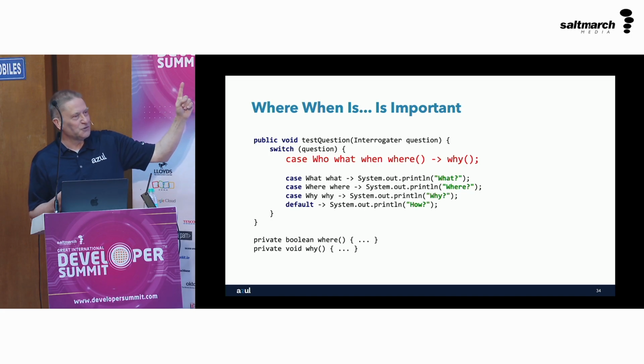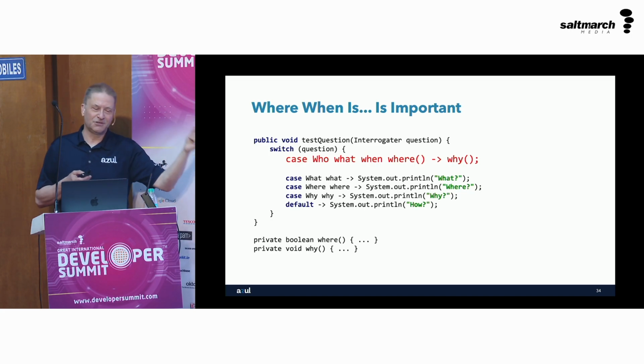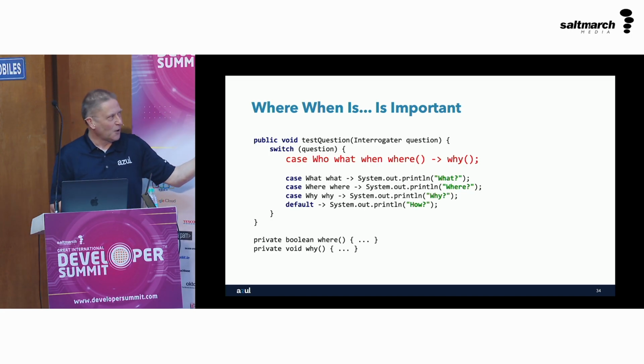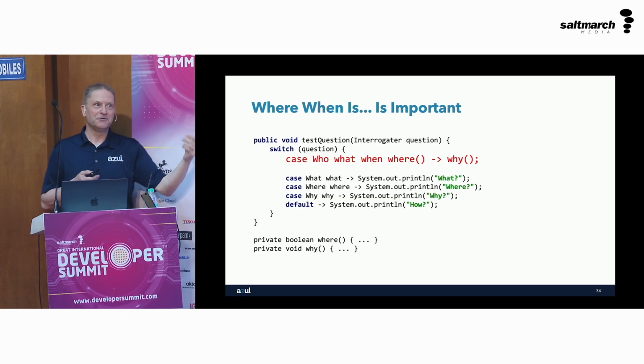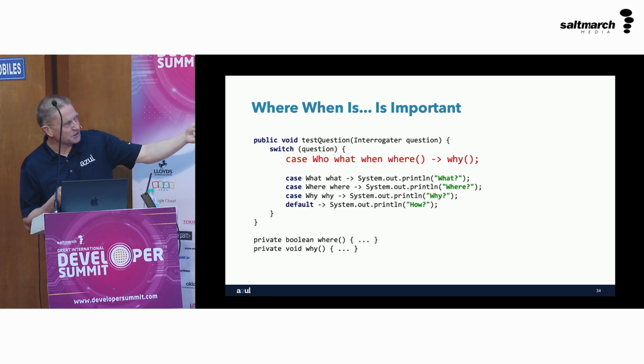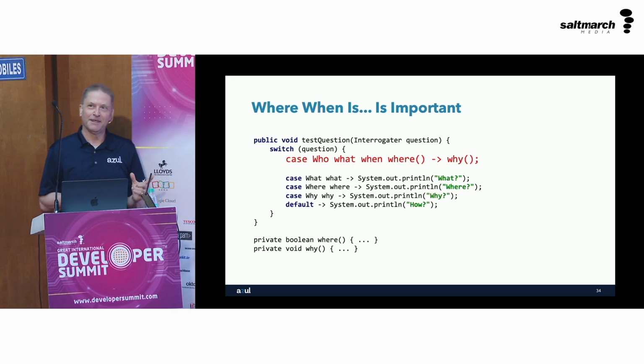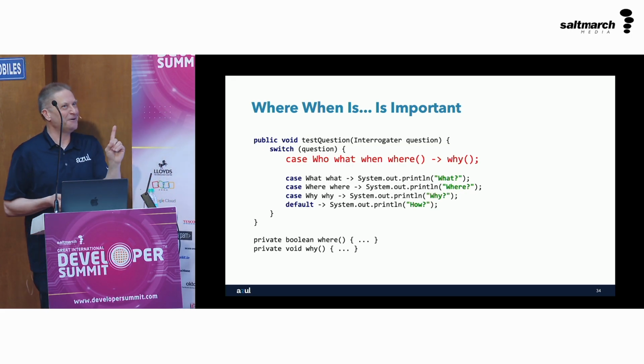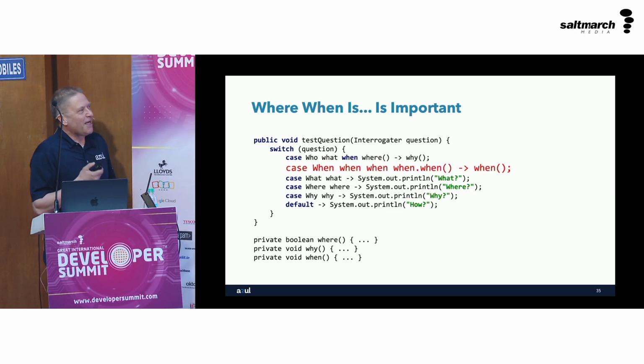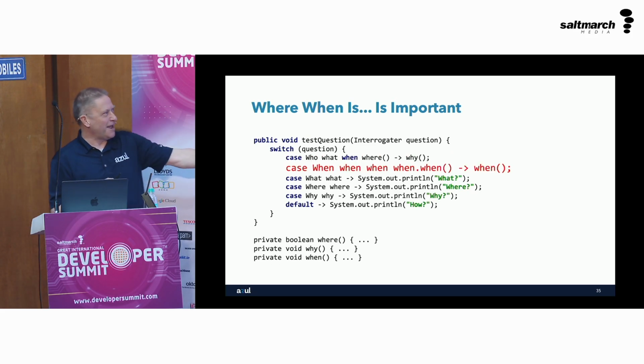We'll then use the when to indicate it's a guarded pattern. We'll then use where to evaluate whether the guard evaluates to true or false, and if it does, we will call why. So this will all work quite happily. Who can guess what the next one is? Yep. Case when.